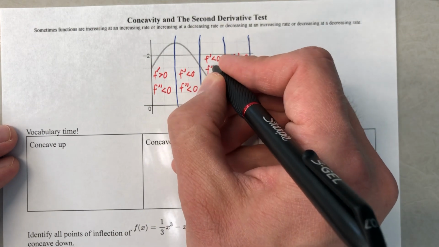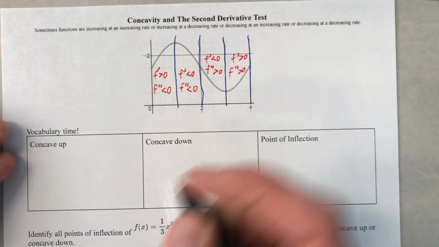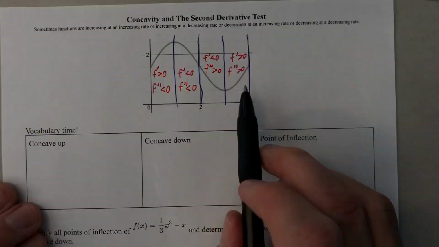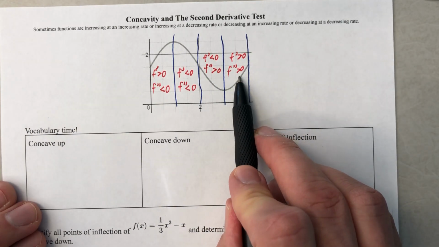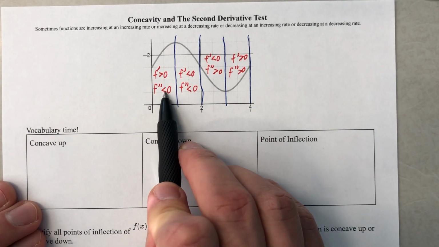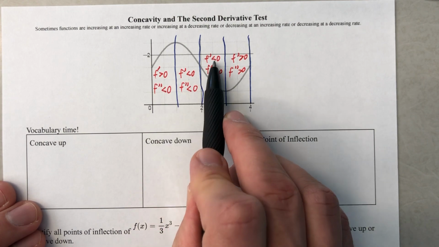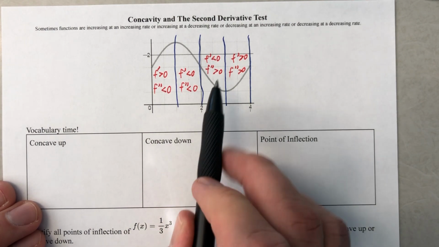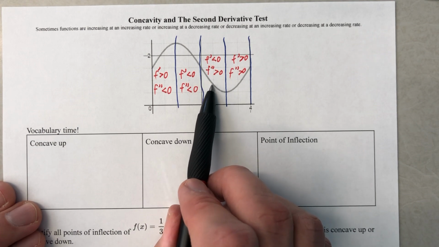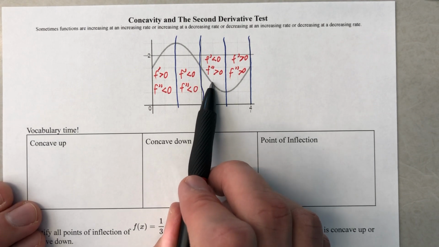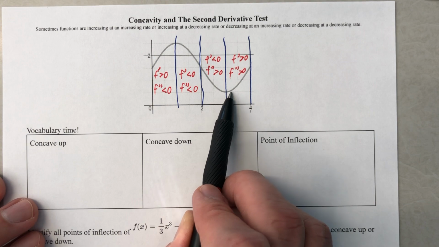We're going to have a second derivative that is positive. Okay, let me point. Increasing at an increasing rate, increasing at a decreasing rate, decreasing at a decreasing rate, decreasing at an increasing rate. This actually might be a pretty good forecast for the economy. It's getting worse, but it's about to bounce back.